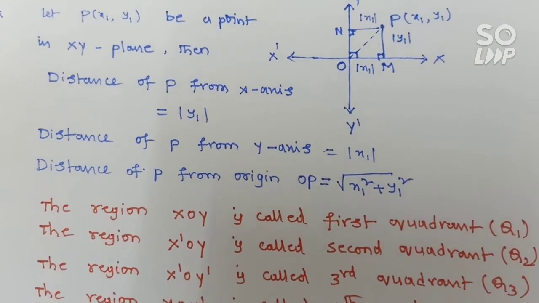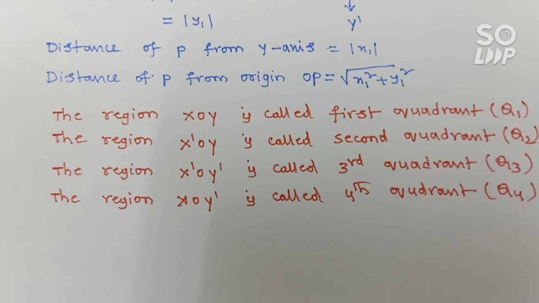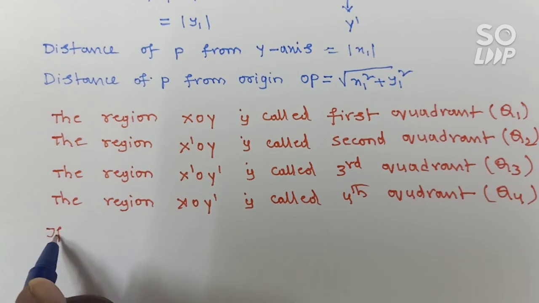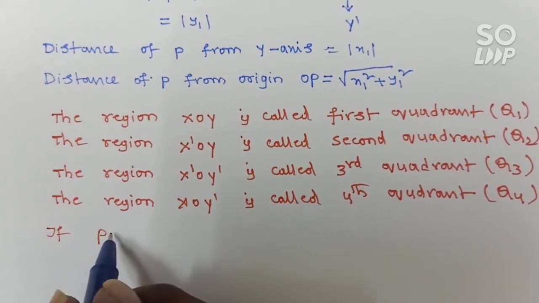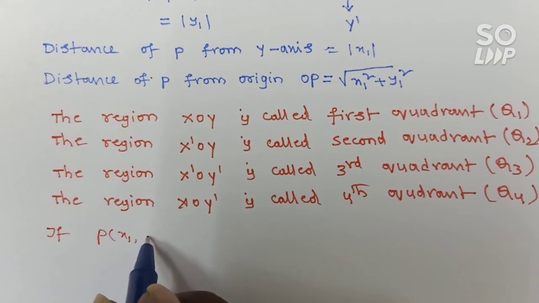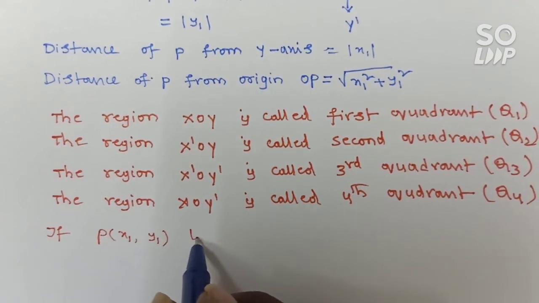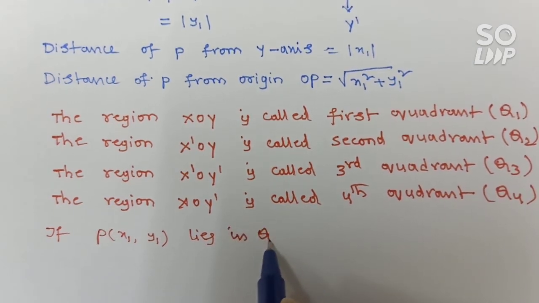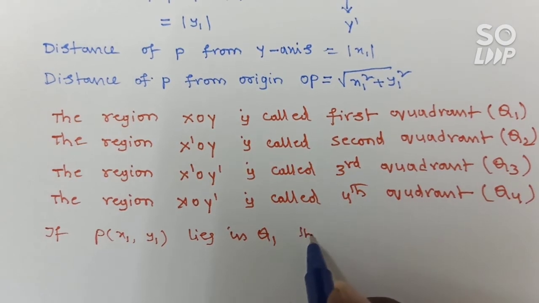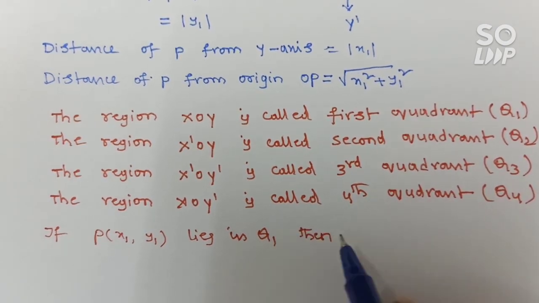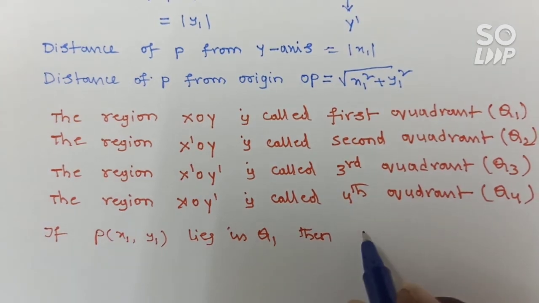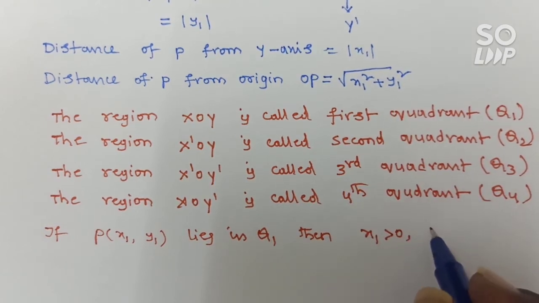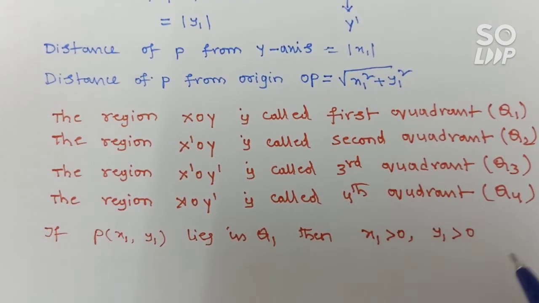Here you write: if P equals x1 comma y1 lies in Q1, then the x coordinate is positive, meaning greater than 0, and the y coordinate is also positive, right?